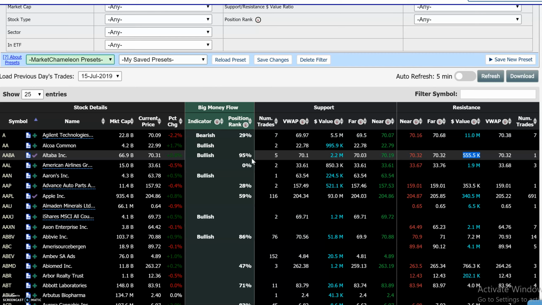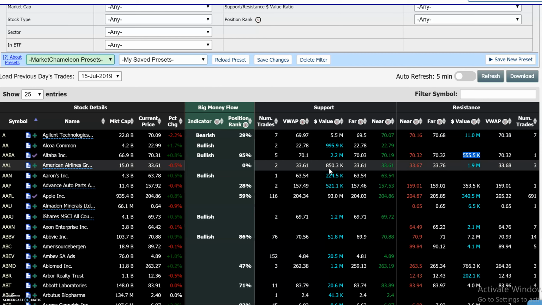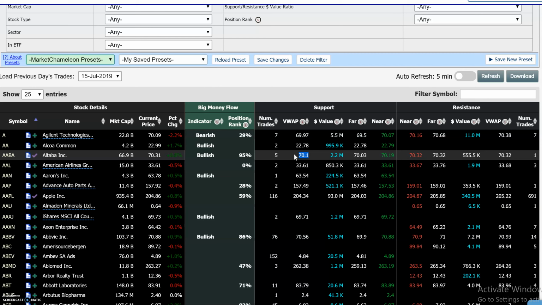The bullish indicator is looking at the first example: if there's more notional value traded on the support side than the resistance side, how is it moving? Is it moving in a bullish manner or a bearish manner? It also compares today's action to the previous day's action, and we take a look at the support VWAP price.